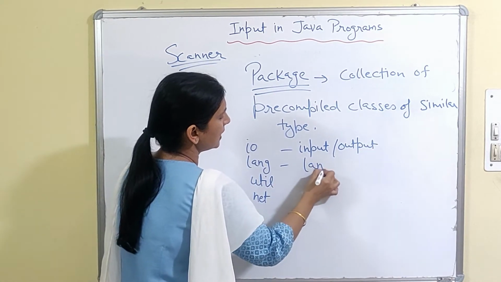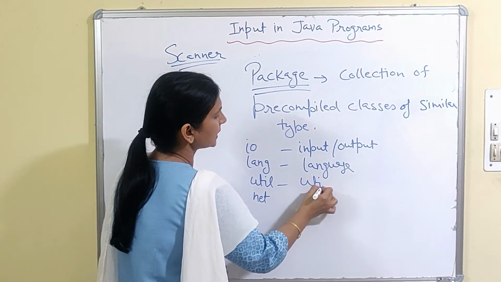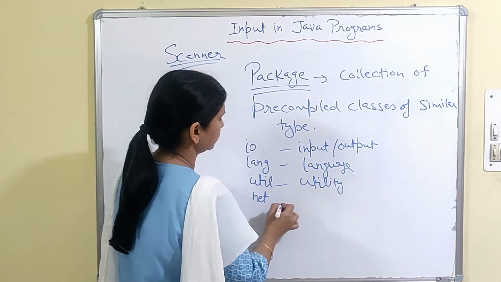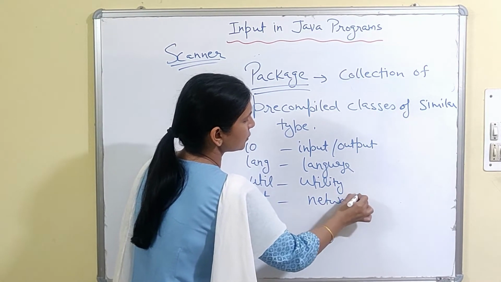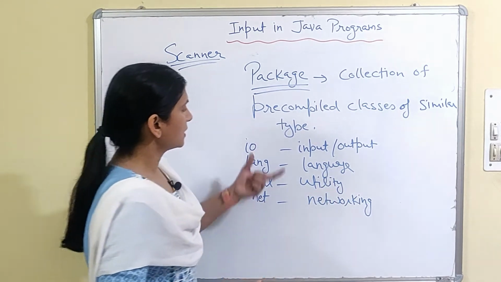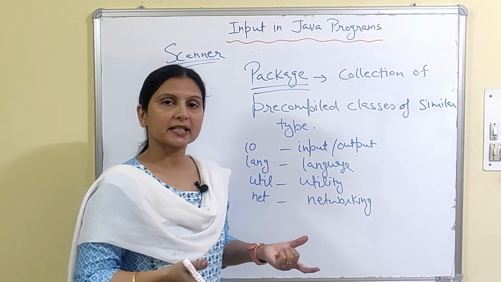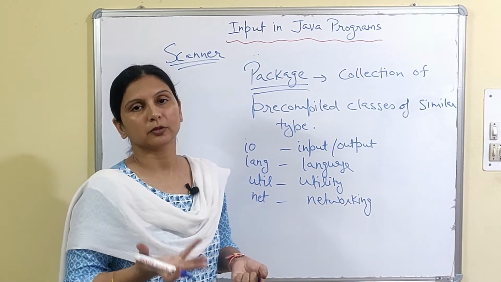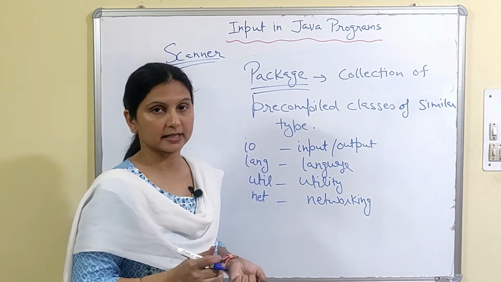Lang, language. Util, utility. Net, networking, and there are so many other packages also. Fine. So all these are packages, and inside these packages we have group of classes or collection of classes.